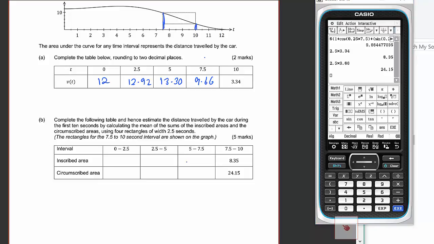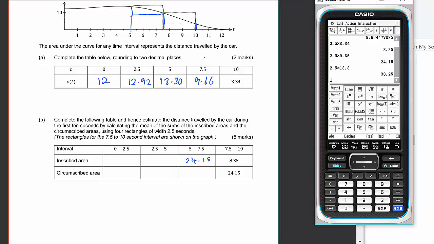So that means that this must be 24.15, because when we use the rectangles here, that would be the height of that one, and then there'll be another rectangle just there, which is going to use the height of 5. So 2.5 multiplied by 13.3, that's 33.25.